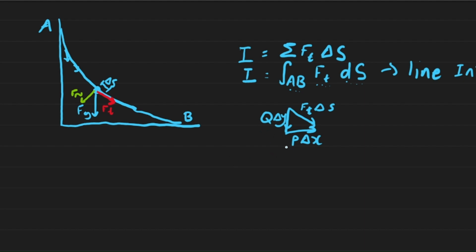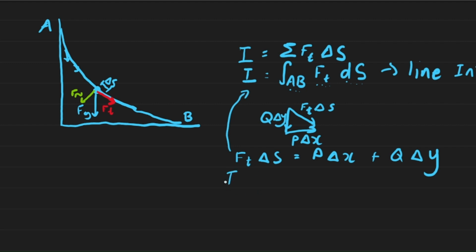We have chosen P and Q specifically so that Ft delta S is equal to P delta X plus Q delta Y. And of course, if we make delta X and delta Y infinitely small, as we have done with delta S, then we can just substitute this into our line integral.